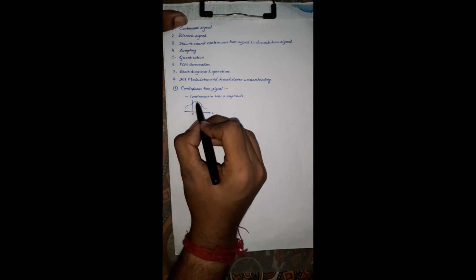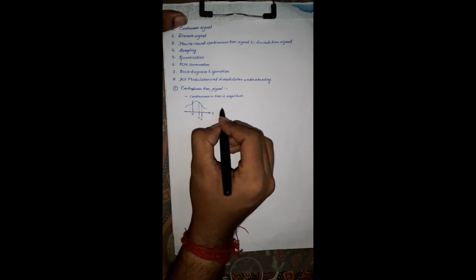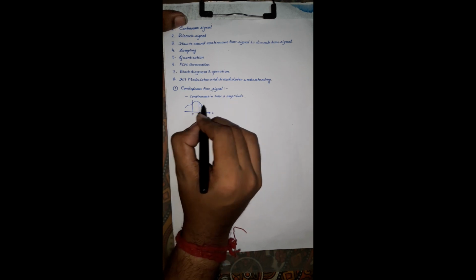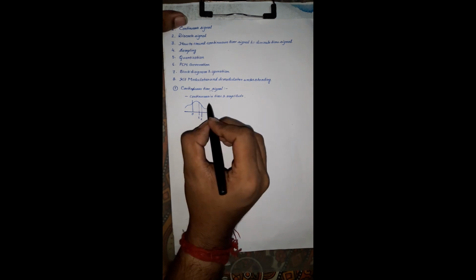That means its value is continuously changing with respect to time. Its value is not fixed. So that's why we can tell that this signal is continuous in amplitude. And it is continuous in time.